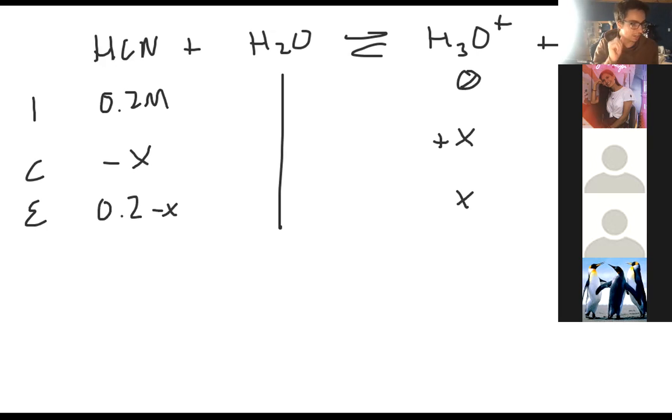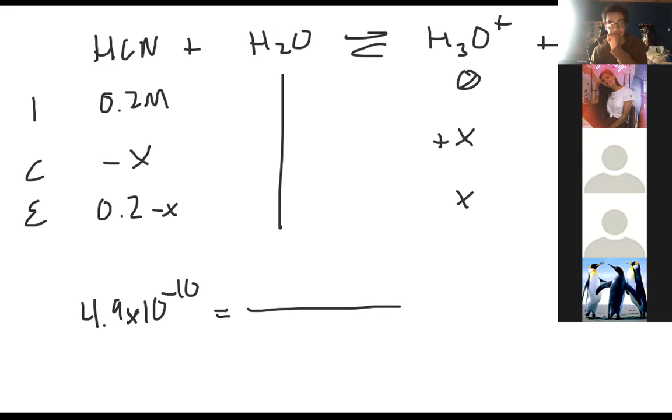So what we could do now is plug in for our Ka. So Ka is given to be 4.9 times 10 to the negative 10. So that's equal to our Ka. And we know Ka is products over reactants.